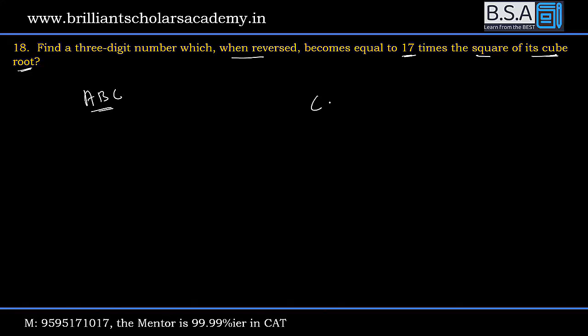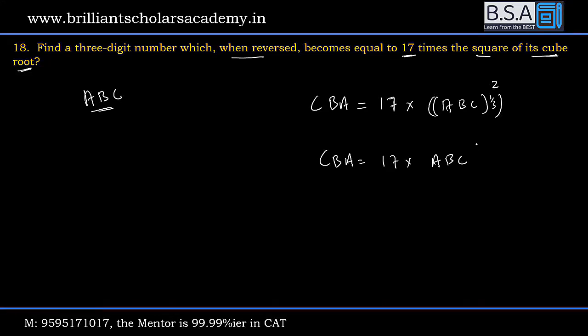When you reverse the number, CBA, that becomes 17 times the square of its cube root. So basically this is what you have mentioned to me.